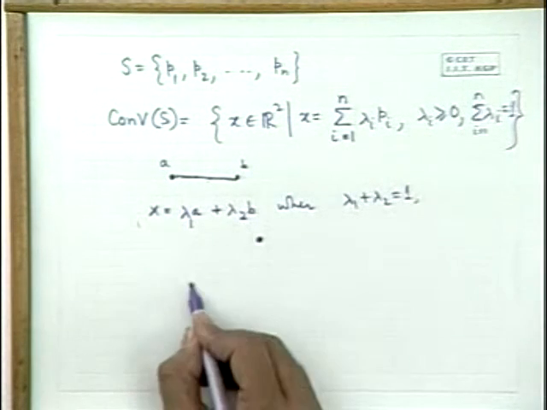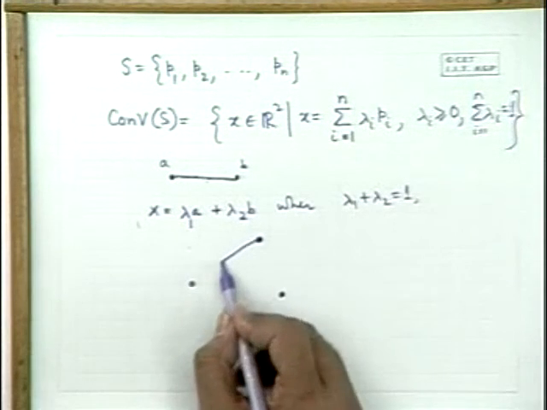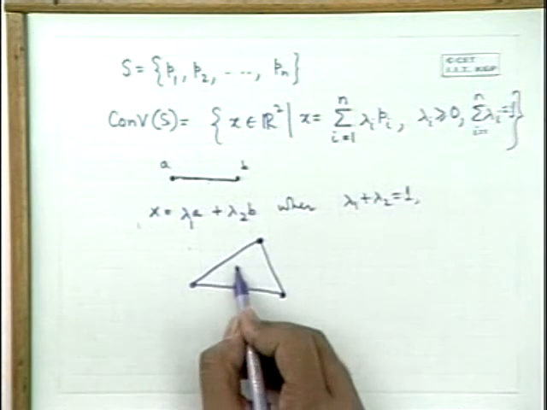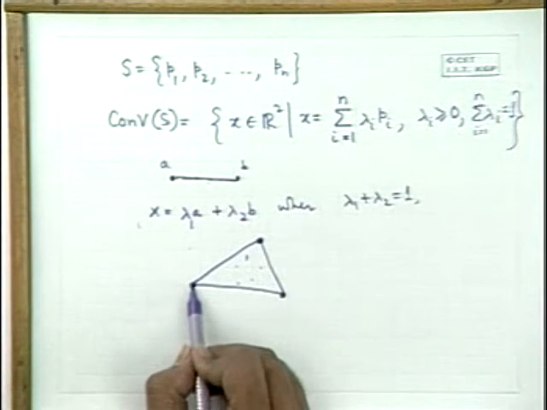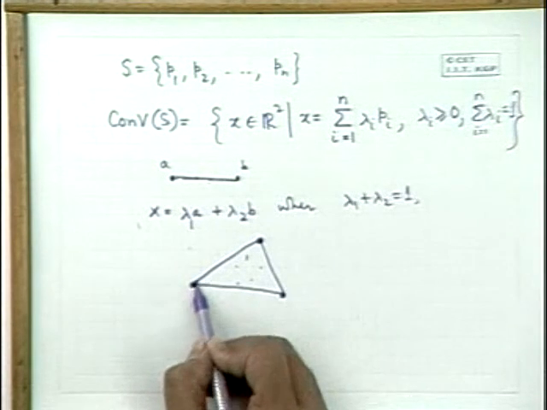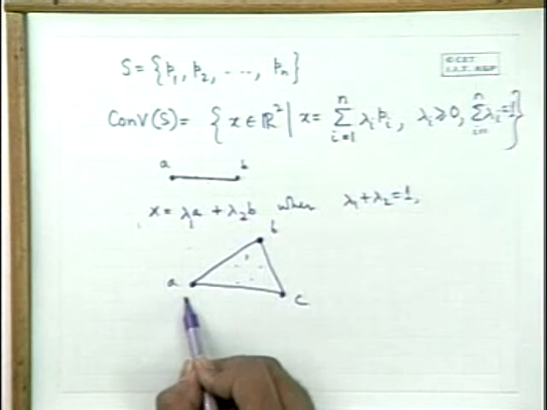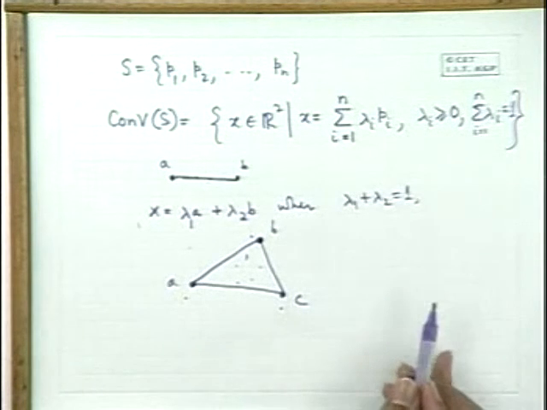Similarly, the convex combination of 3 points gives all the points inside the triangle. Any point inside the triangle A, B, C you can always express as lambda 1 A plus lambda 2 B plus lambda 3 C, where lambda 1 plus lambda 2 plus lambda 3 is equal to 1.